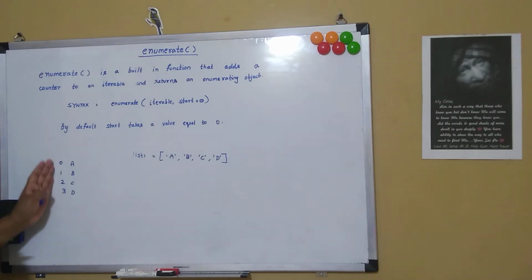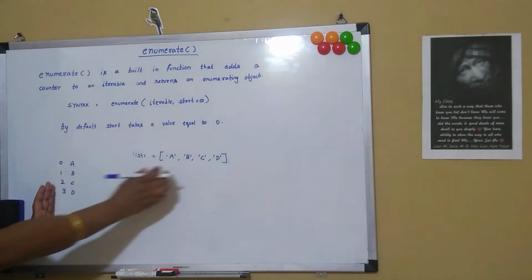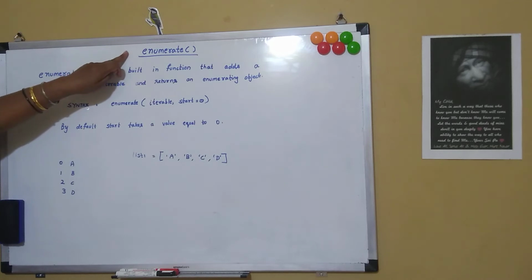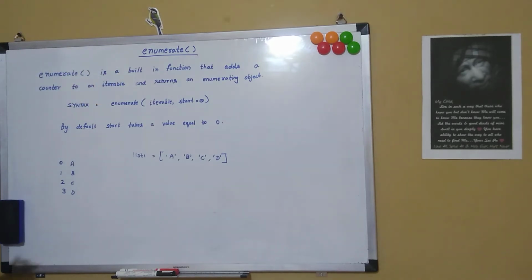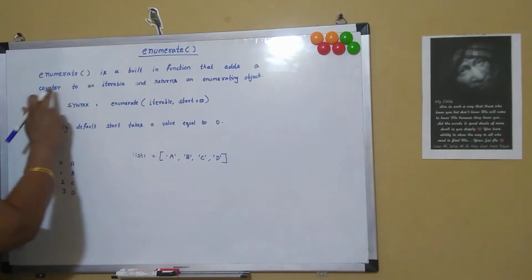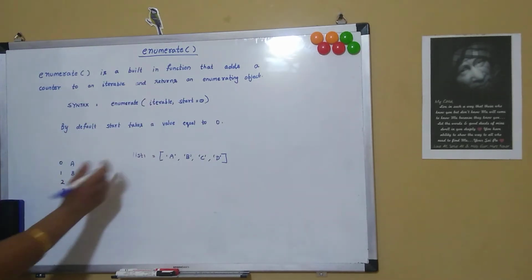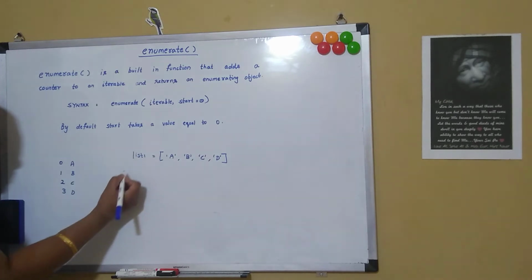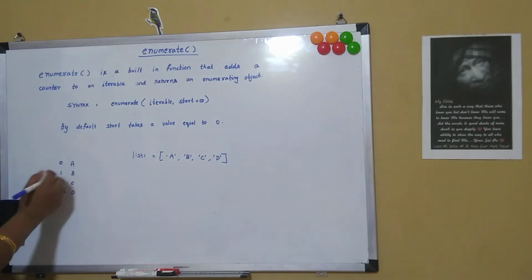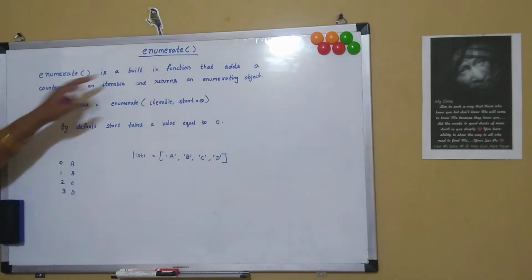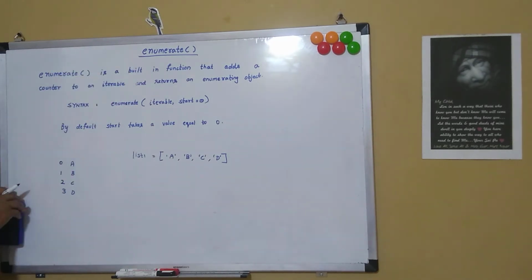I want to keep track of the counter as well, not only the items in the list. So we can use the enumerate function in such scenarios because it adds a counter to an iterable and returns an enumerating object. In order to get this particular output, we go for the enumerate built-in function.